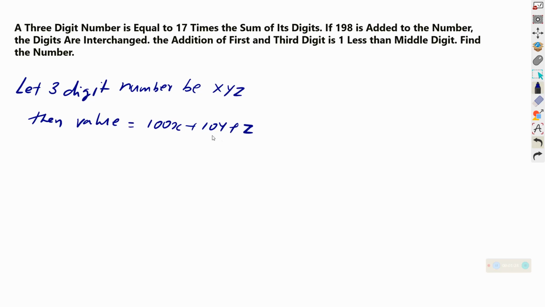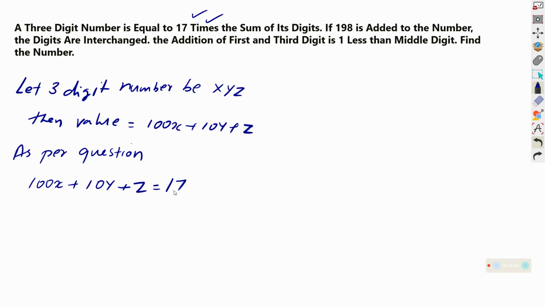Now we will go back to the question to write the condition. As per the question, the 3-digit number, which is 100x plus 10y plus z, is equal to 17 times the sum of its digits. That means 17 into, there is no need of writing into, I am writing it for you, x plus y plus z.